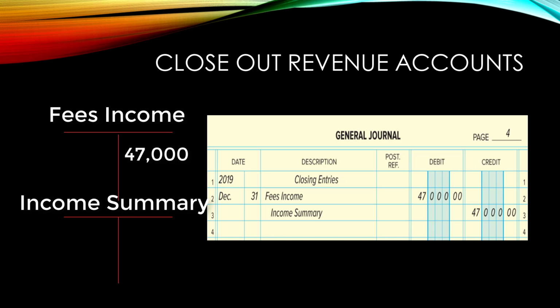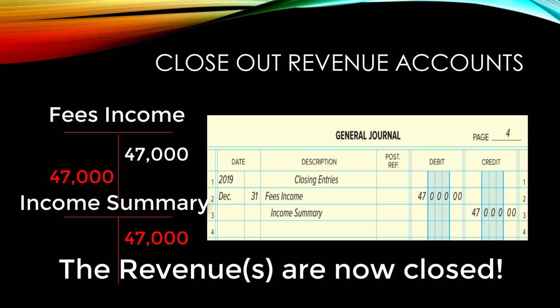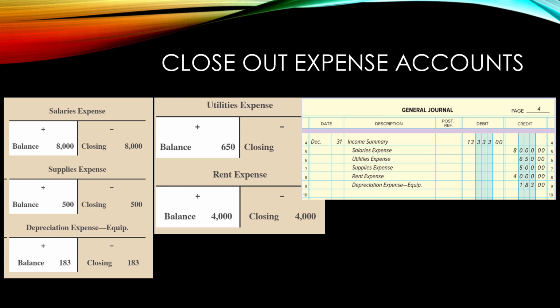That means we want to debit the fees income for $47,000 and temporarily transfer it to that junk drawer account called Income Summary. Notice that after the closing, the fees income now has a 0 balance, and the Income Summary is temporarily holding the revenue amount of $47,000.